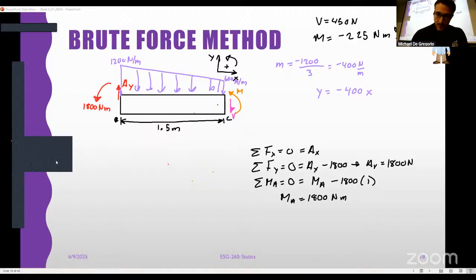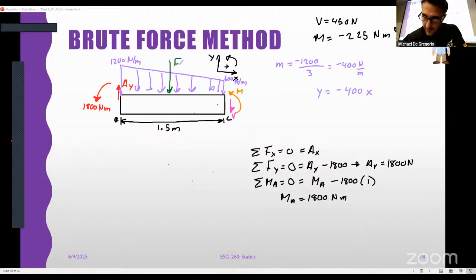Well, we're going to call this guy F1, which is 600 times 1.5, 900. And we've got this guy that I'm going to call F2. And F2 is, well, this is where it gets tricky. It's 1200 minus, it's 600 tall. 1/2 times 600 times 1.5, 300 times 1.5, 450, right? 450 Newton.